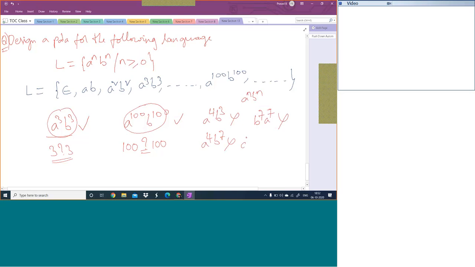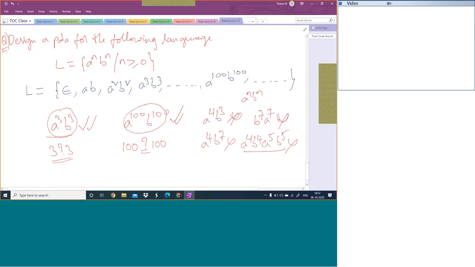At the same time, a power 4, b power 4, yes, this is valid. But a power 4, b power 4 followed by a power 5, b power 5, this whole string is invalid. This also will be rejected. So how is it possible, without counting the A's and B's, for the machine to accept all the valid strings and reject the invalid ones? That we will see.